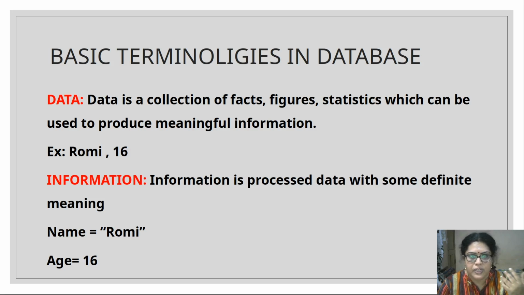I have given the name as Romy and the age as 16, or I can say that Romy is the name of a cat, and it is living in house number 16. It can be anything like this. Once it has a particular meaning, then it is called information. But throughout our lesson, we will be using these terms interchangeably.